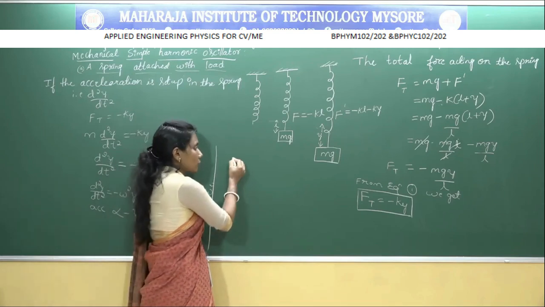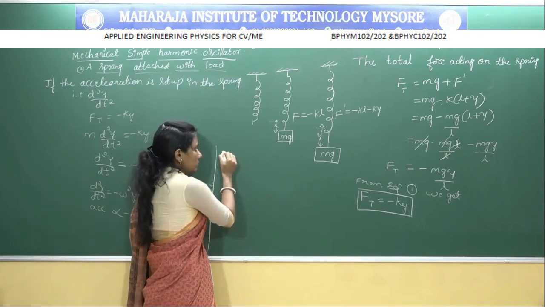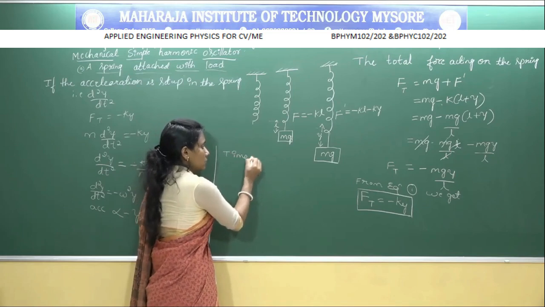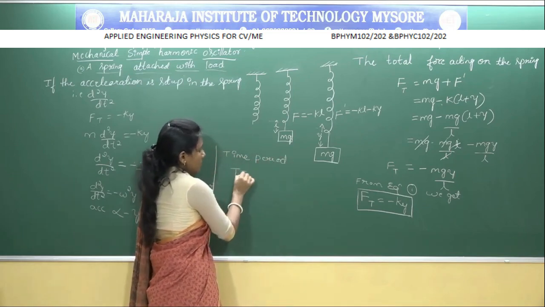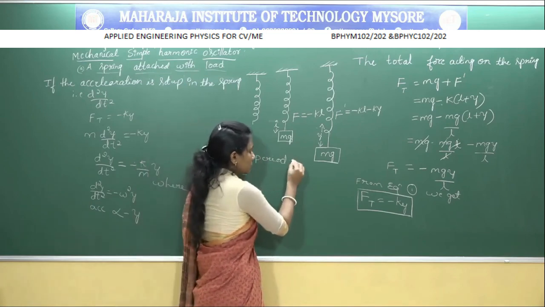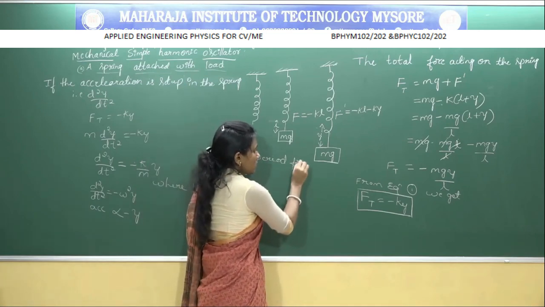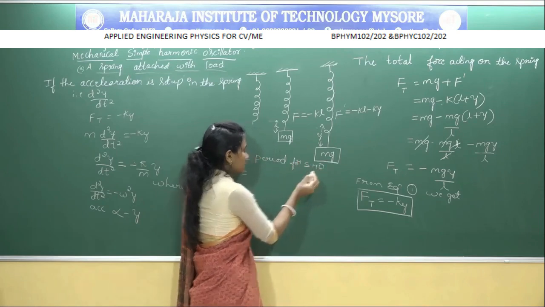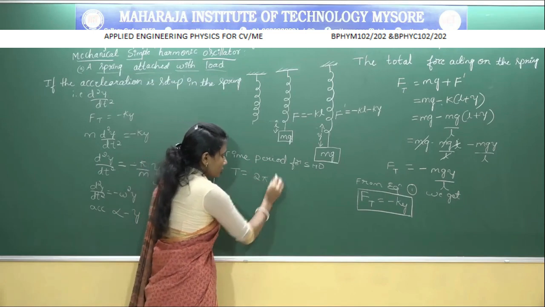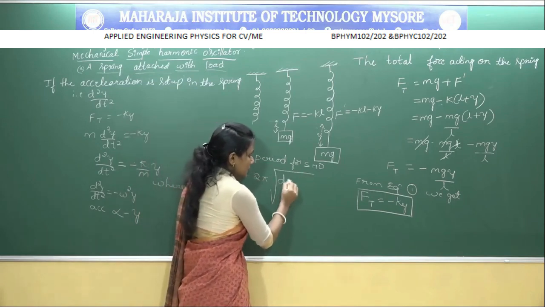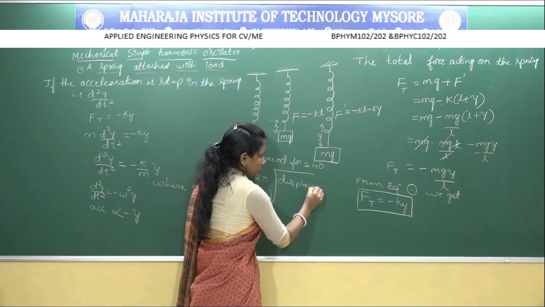So T is equal to 2 pi root of displacement by acceleration.